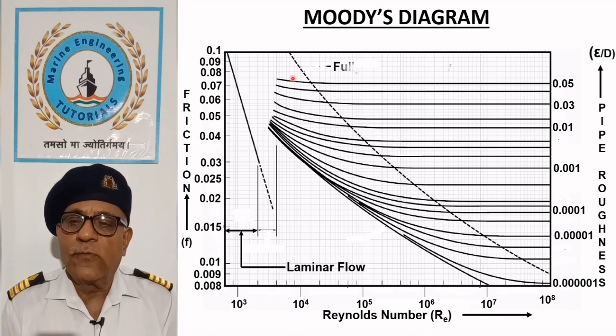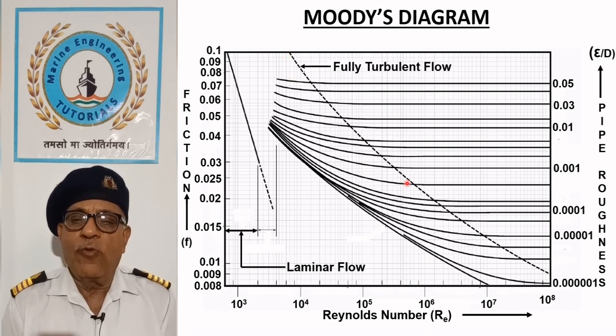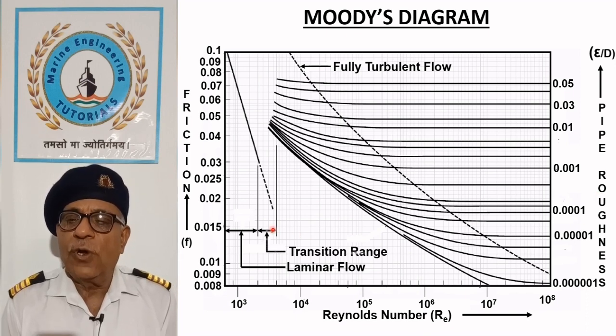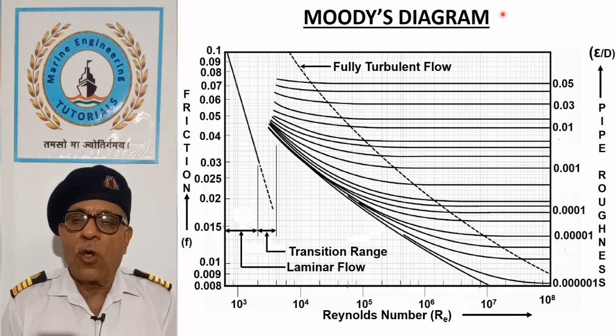Dotted line shows fully turbulent flow beyond which the frictional factor does not change. For turbulent flow, various curves are plotted depending on roughness on the pipe surface. There is a small transition range where frictional factor can be approximately worked out from the two ranges.